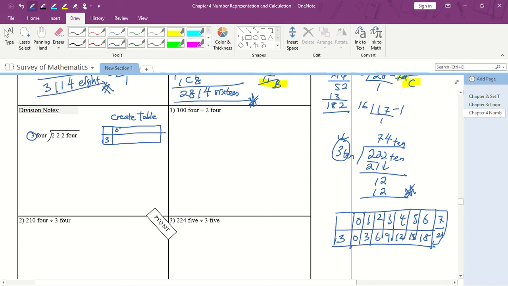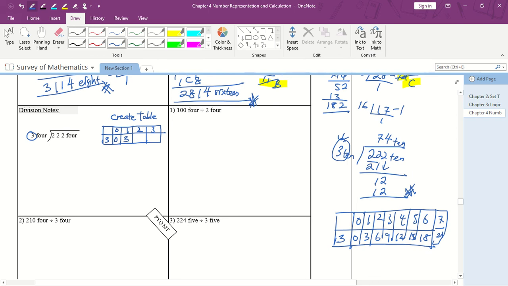And of course, 0, 1, 2, 3. If not enough, later on we will just create more. So 3 times 0 is equal to 0. 3 times 1 is equal to 3.